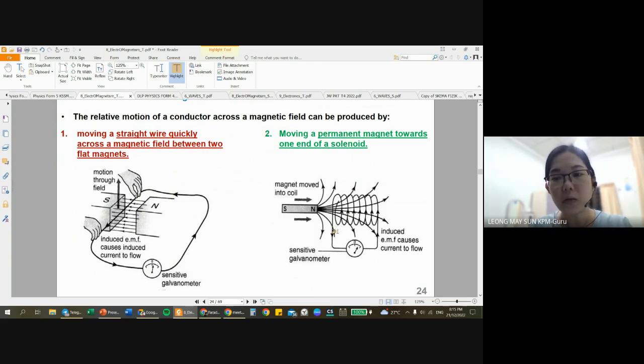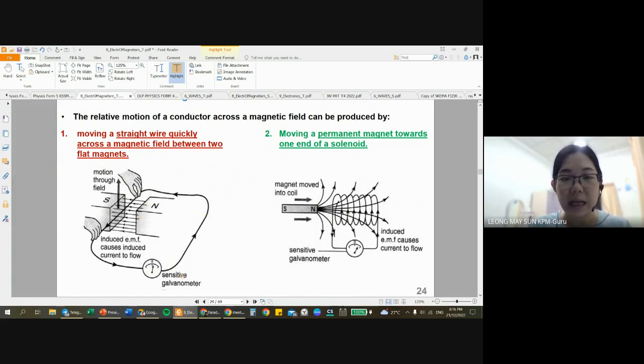The second situation, again, you have a solenoid connected to a galvanometer, and a permanent magnet. There's no power supply, so again it's a magnetic field inducing current. So either we move the permanent magnet or we move the wire, and then they will induce a current.